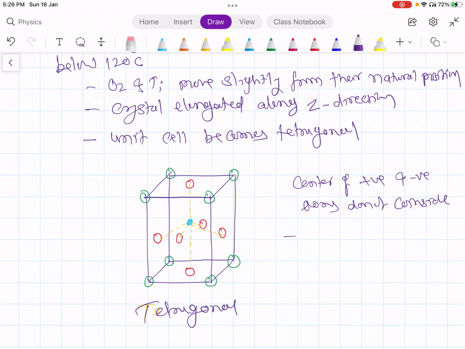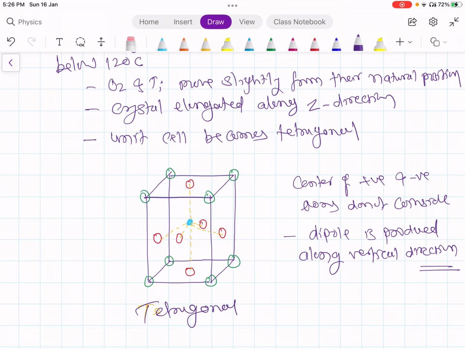And so the dipole is generated. Dipole is produced along vertical direction. And that's why this one is ferroelectric material. Dipoles are already present in this case.